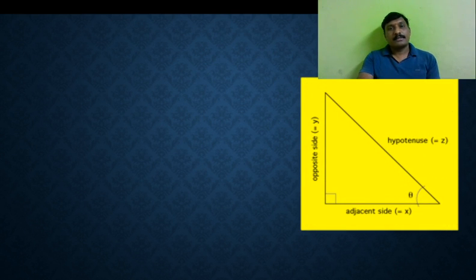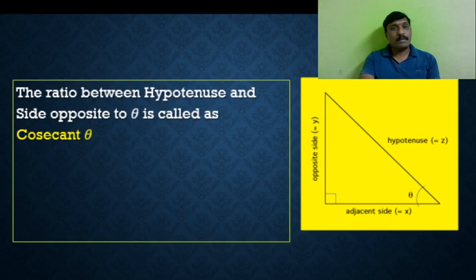Coming to the last ratio, the sixth ratio. The first ratio we studied was opposite by hypotenuse. Now I am going to tell you hypotenuse by side opposite to theta. The ratio between hypotenuse and side opposite to theta is called the cosecant theta.